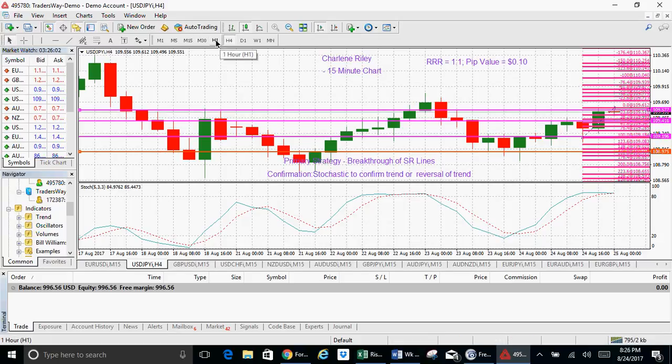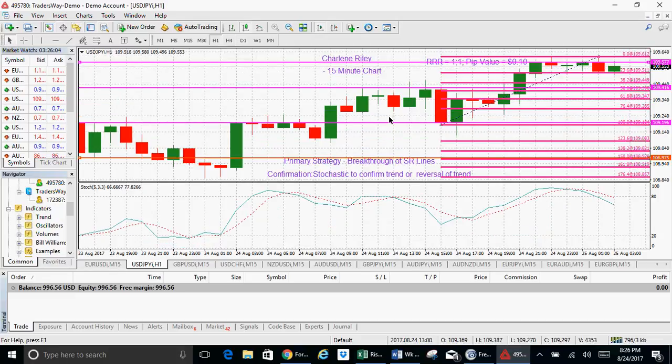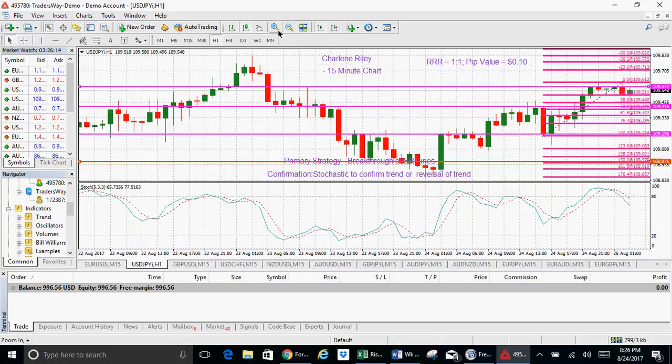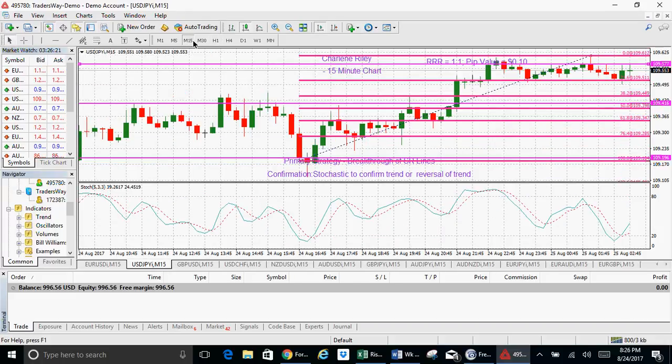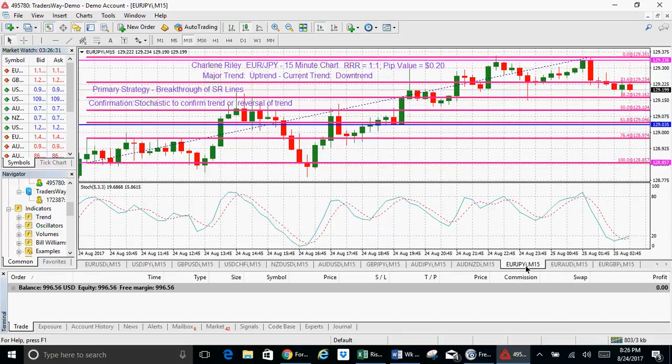And then looking at my 1-hour chart, I see that there's been an uptrend, but that right now the market is in consolidation. And so now going to my 15-minute chart where I execute my trades, I see that the major trend has been an uptrend, but that we're currently in consolidation.